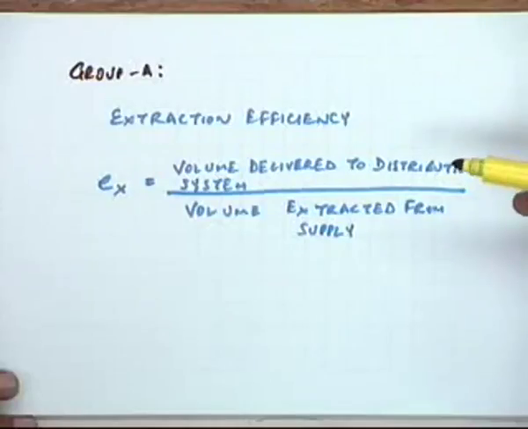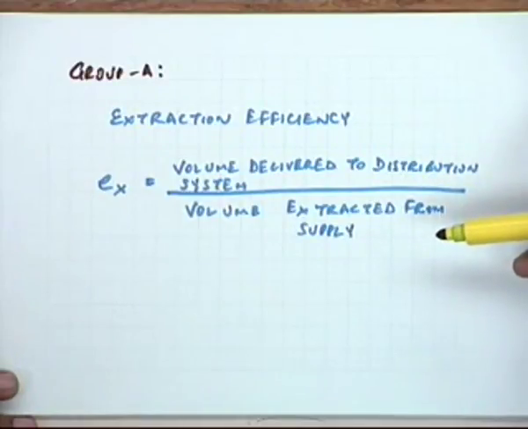You look at the various segments of the system, and wherever you find that the relevant efficiency is very low, you can try to plug those loopholes.